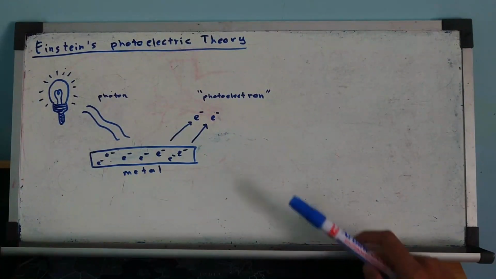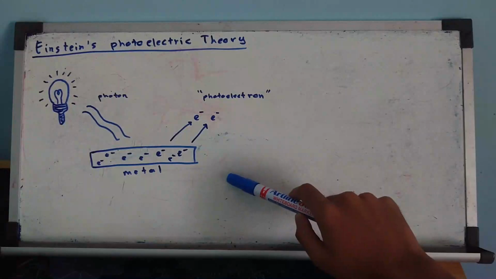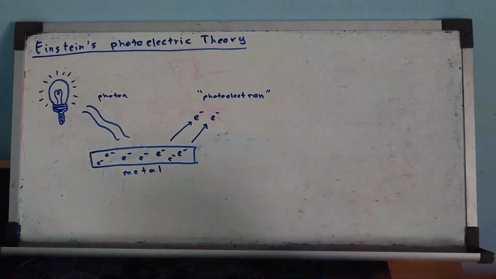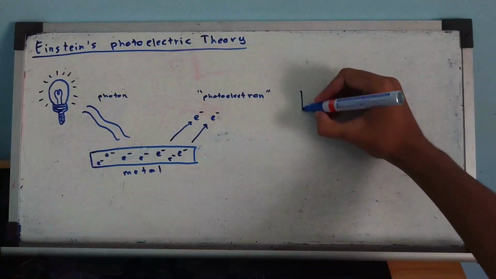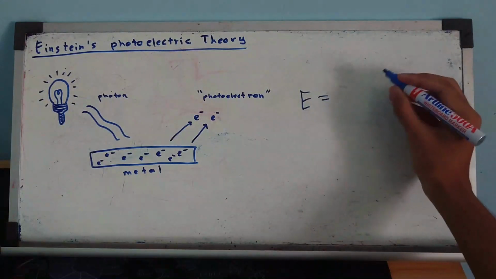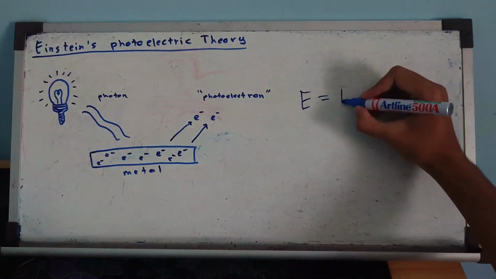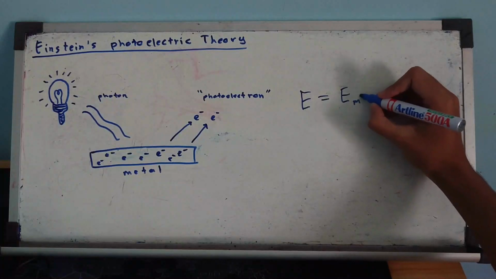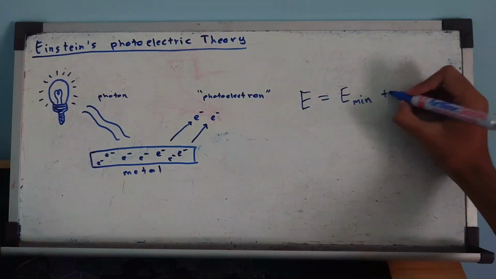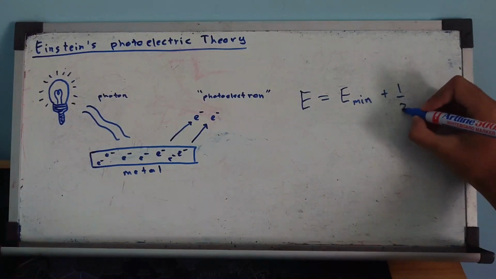So from this theory, Einstein came up with an equation: for the electron on the metal surface, its photon energy is equal to the minimum energy required to release the photoelectron plus its kinetic energy.